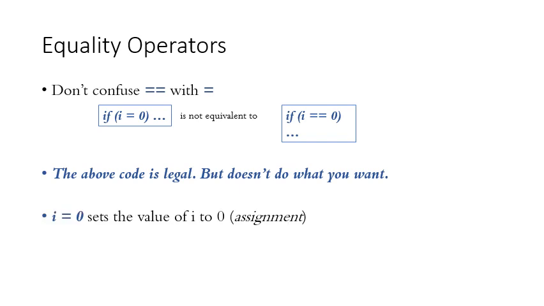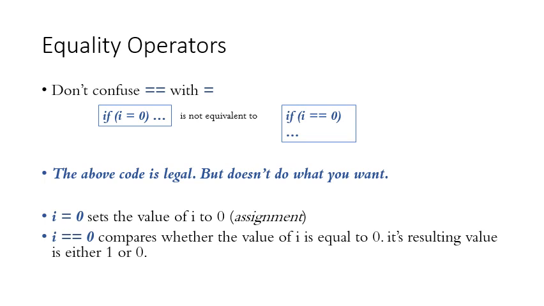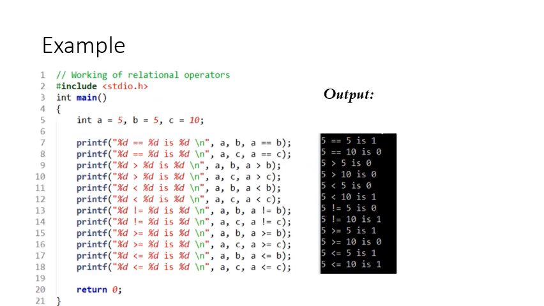Because i = 0 is an assignment operation. Basically, we are setting the value of i to 0, while i == 0 compares whether the value of i is equal to 0. So its resulting value is either 1 or 0.